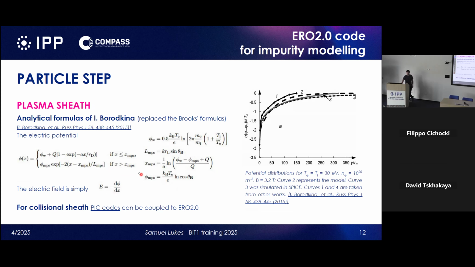It seems to me that phi W comes from a fluid approximation of the magnetic sheath, which is the sum of the potential drop across the magnetic pre-sheath, the magnetized part, which is quasi-neutral, and the Debye sheath.